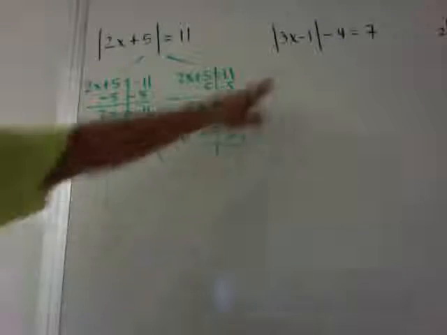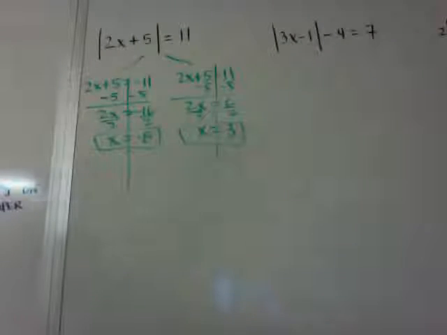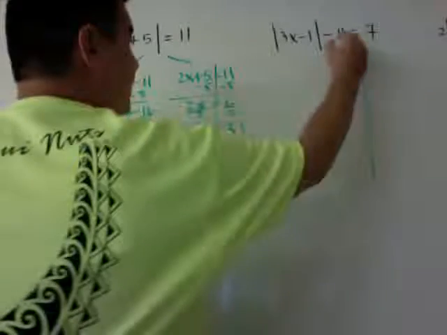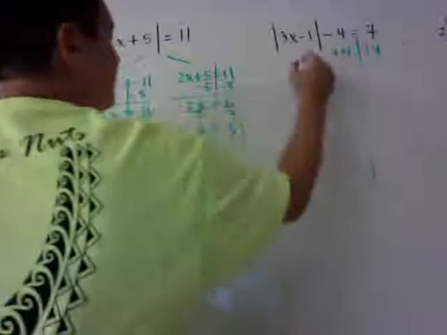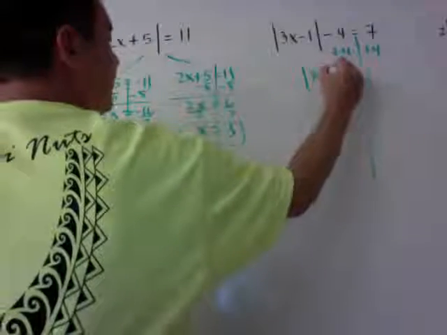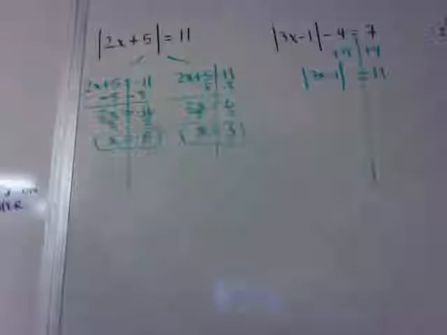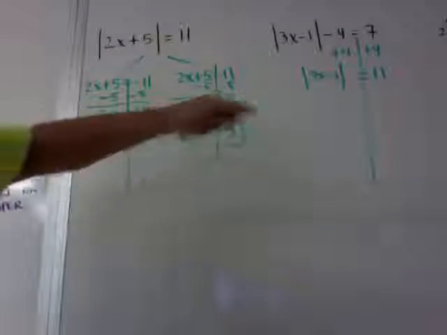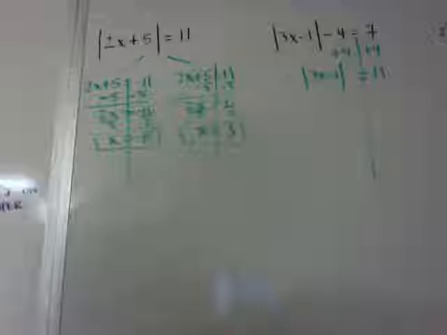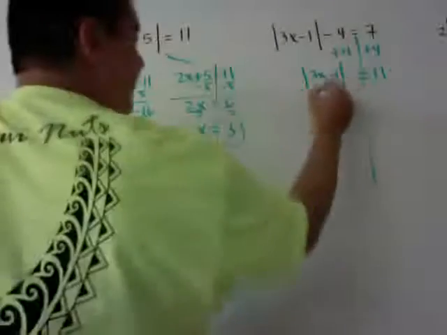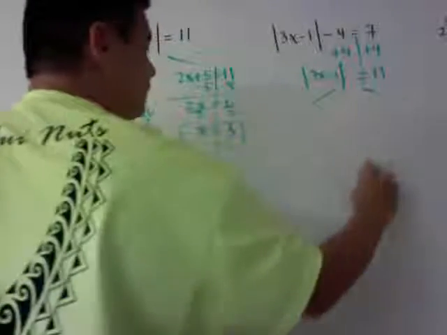Okay, over here I have an equation with the negative 4 outside of the absolute value. So I need to isolate it. So I need to add 4 to both sides. So I get the absolute value of 3x minus 1 is equal to 11. Okay. Notice I'm leaving the absolute value on when I added the 4. And now that it's isolated, now I can split it.